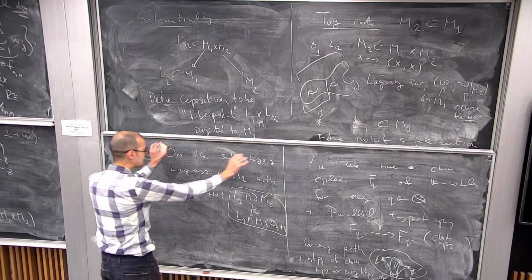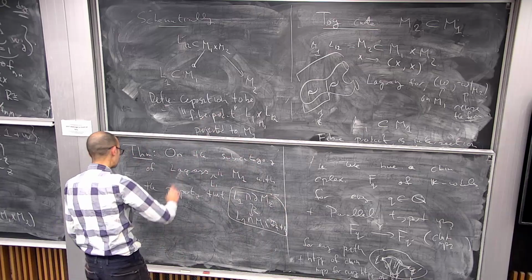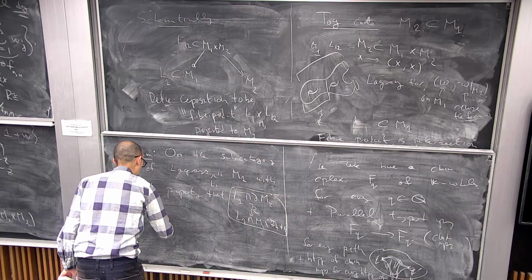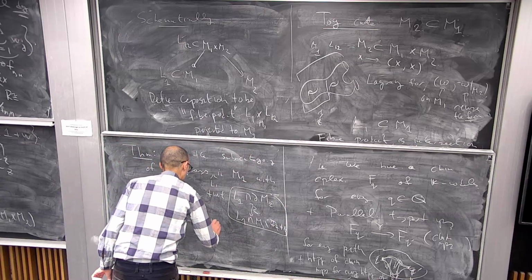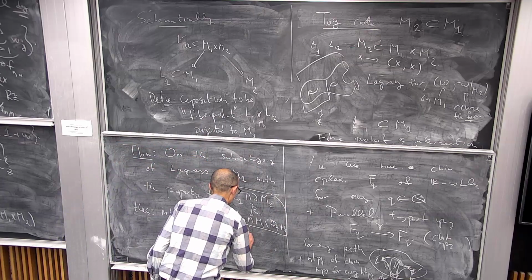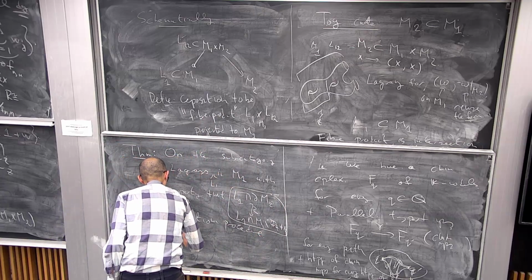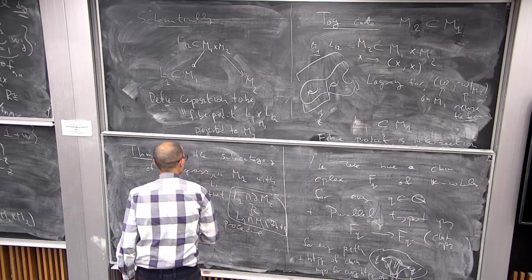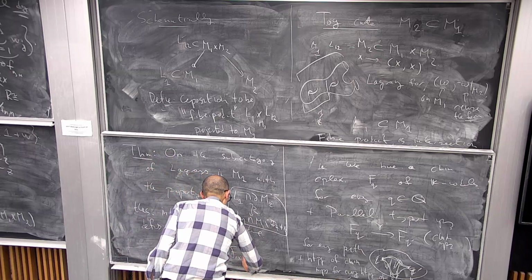Just treat this as a technical box. On this subcategory, this intersection procedure defines a functor from the Fukaya category to the exact Fukaya category of M2.